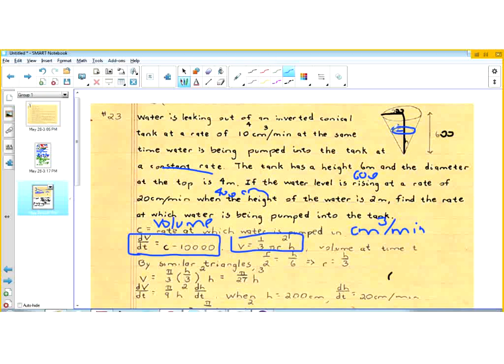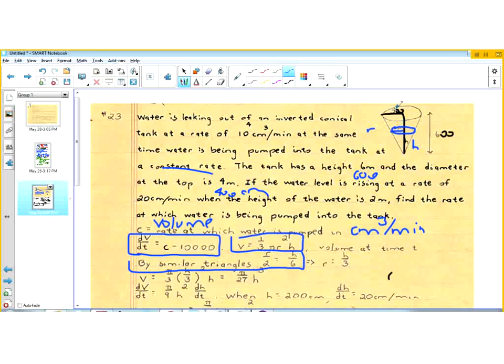But now, in this case, let's let this element right here be the surface of the water in the tank, okay? And it's a circle. The cross-section is a circle, and we'll let R be the radius of the circular cross-section, and we'll let H be the height or the depth of the water for this water element, okay? And so now by similar triangles, we have this relationship.